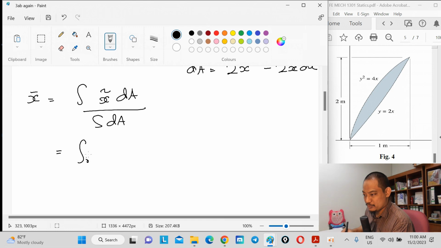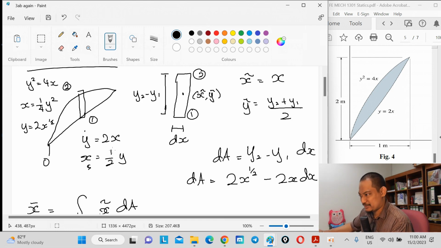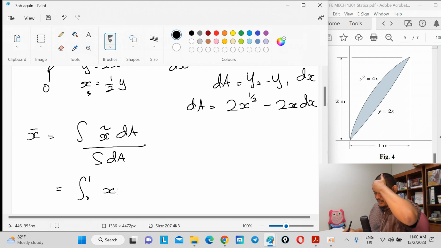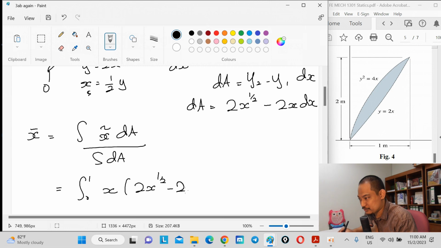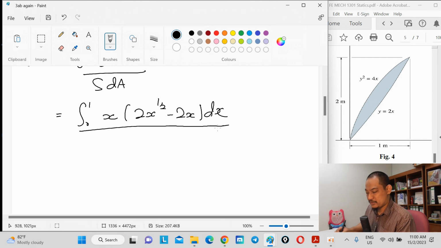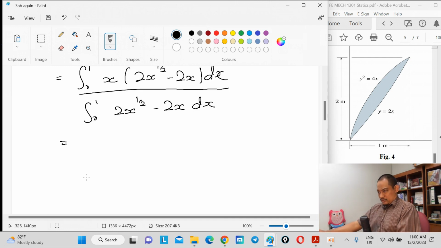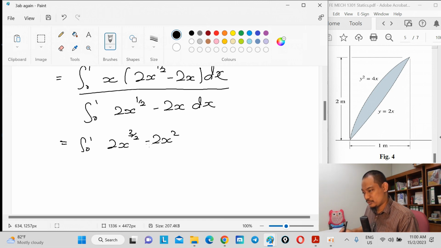X wave is x, right? x dA is 2x to the power of half minus 2x dx, divided by integration from 0 to 1 of 2x to the power of half minus 2x dx. So before integration, again, ya Allah, 2x to the power of 3 over 2 minus 2x squared dx.